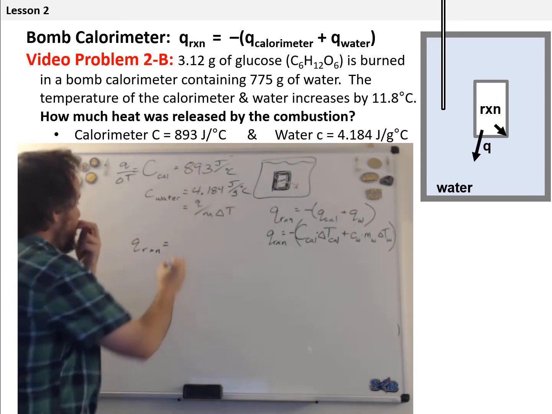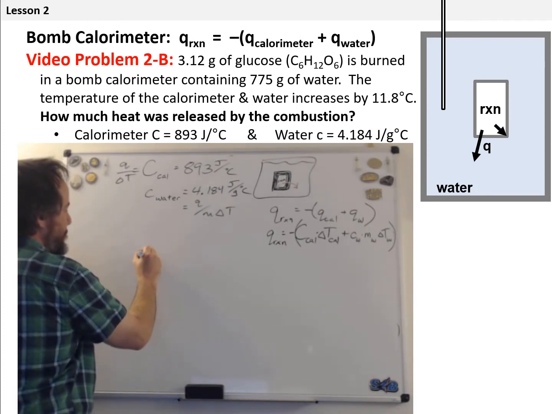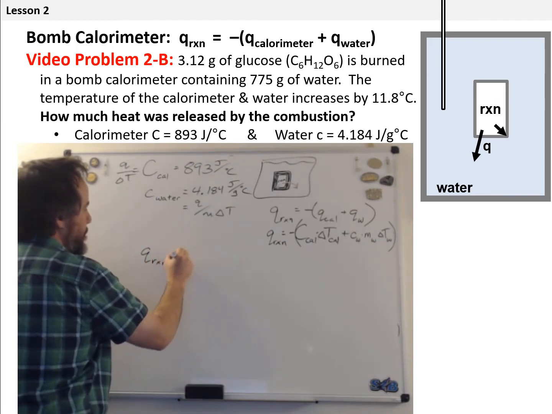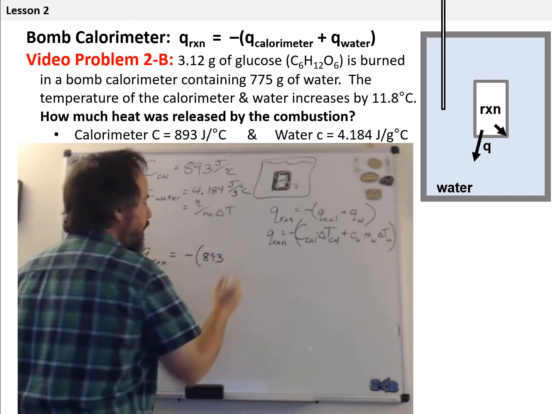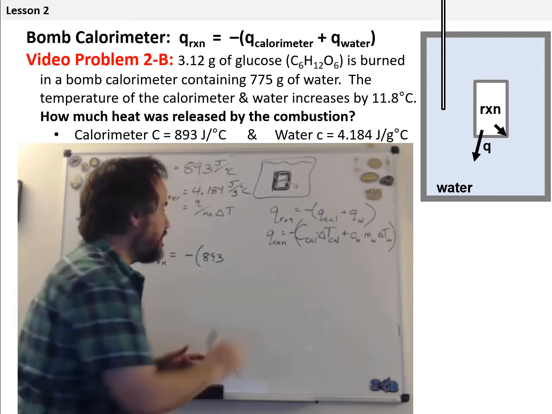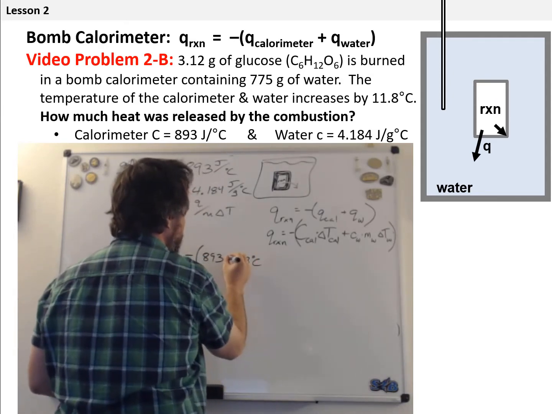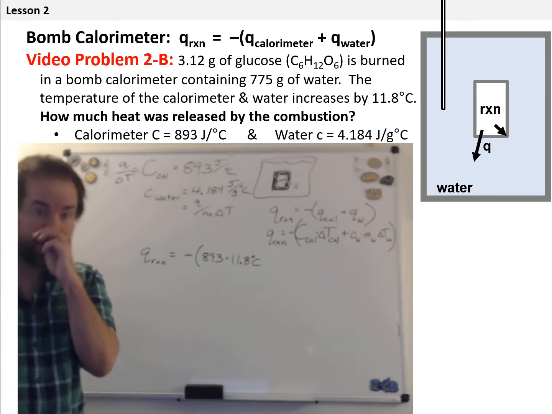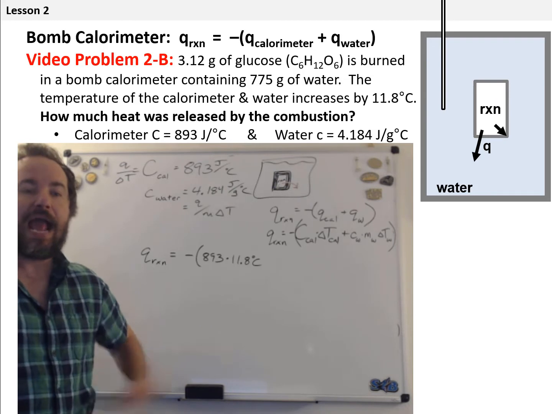equals negative 893 times delta T, 11.8 degrees C. Notice how the problem says water increases by 11.8 degrees C and the calorimeter.